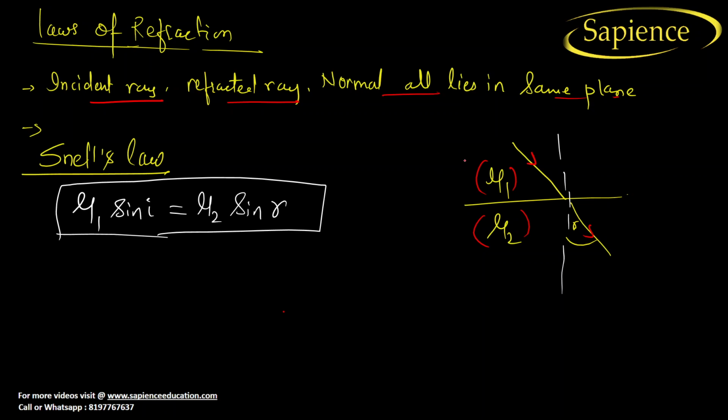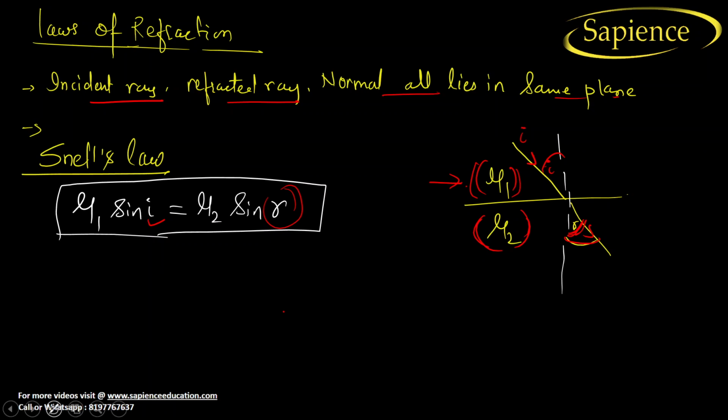There will be an angle of incidence i and an angle of refraction r. So mu1, the refractive index of the medium in which the light is incident, multiplied by the sine of the angle i, equals mu2, the refractive index of the second medium, multiplied by the sine of the angle r.